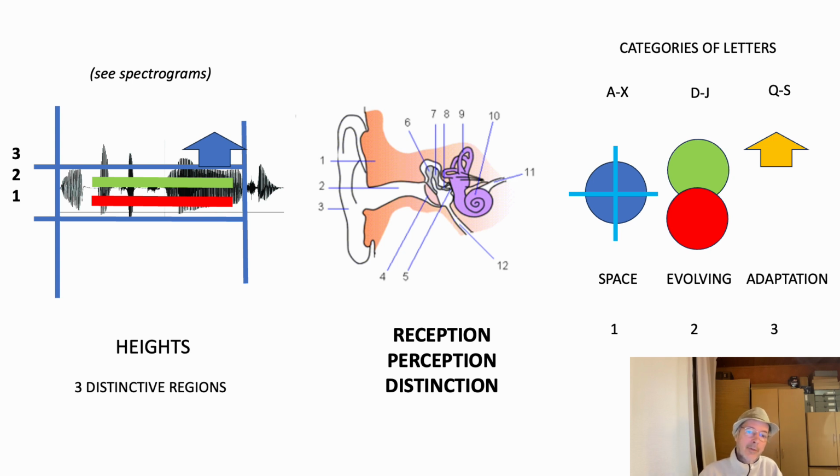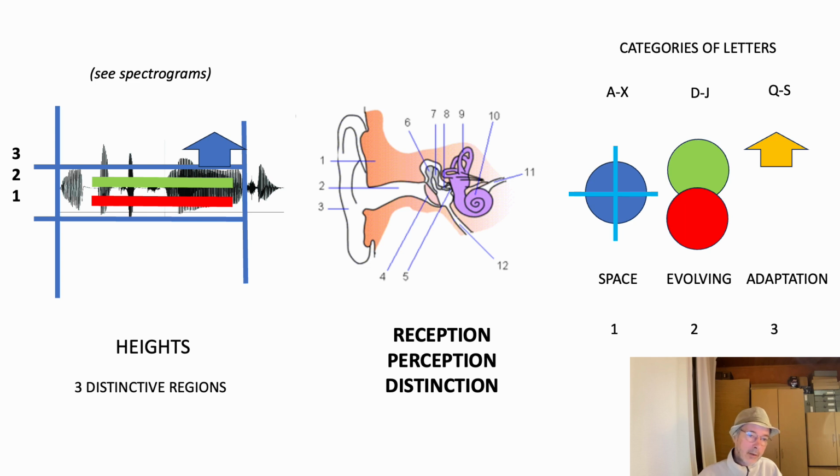These three regions are also connected with the whole series of letters and three categories of letters as well. So the first letters, from A until X in the Pythagorean order, so the numerical order, they are all about space, the very narrow, stable space, and all the forms that we can recognize there.